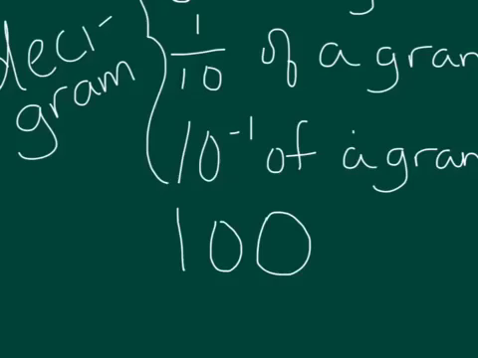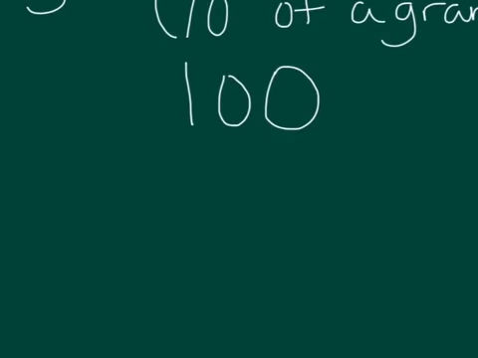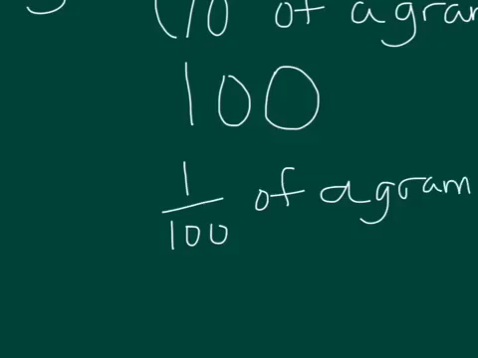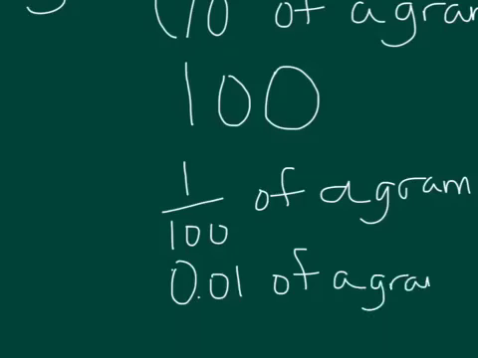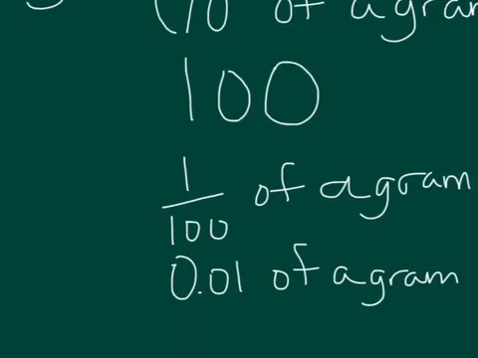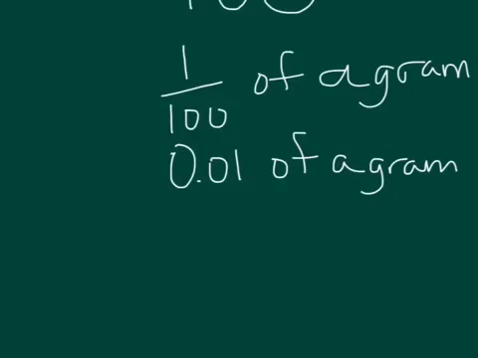So how can we express that? Well, just like we've expressed the others, this is 1/100th of a gram. It's also expressed as 0.01 of a gram. Or lastly, we could express it as 10 to the minus 2 of a gram.